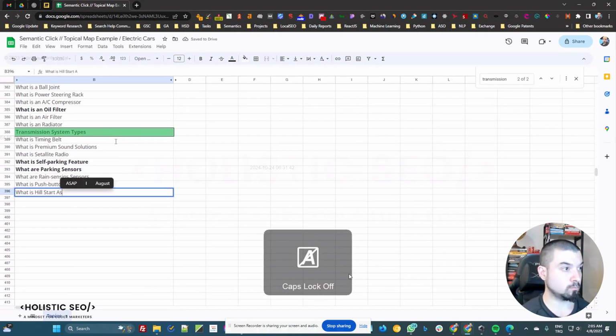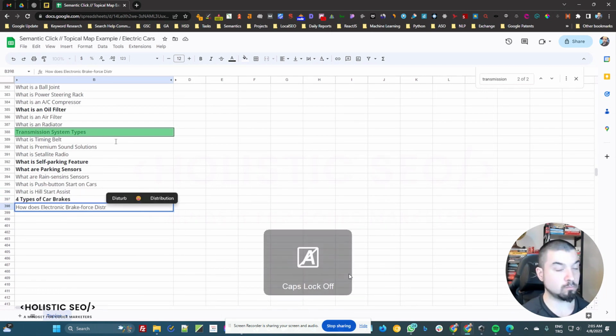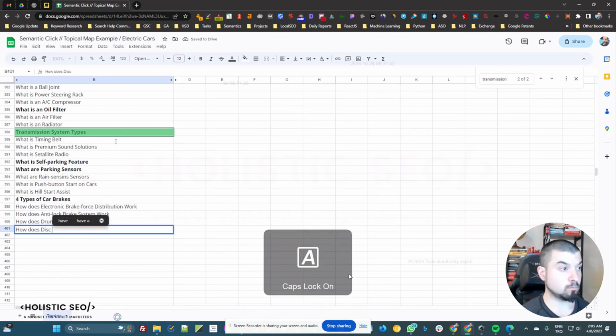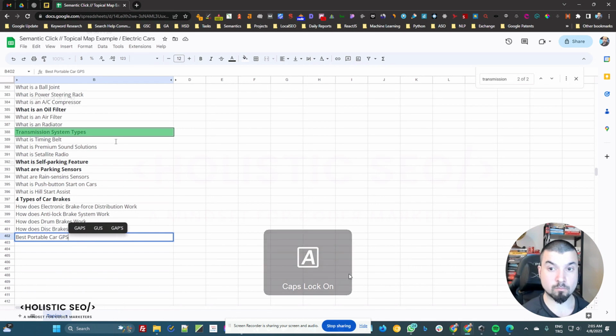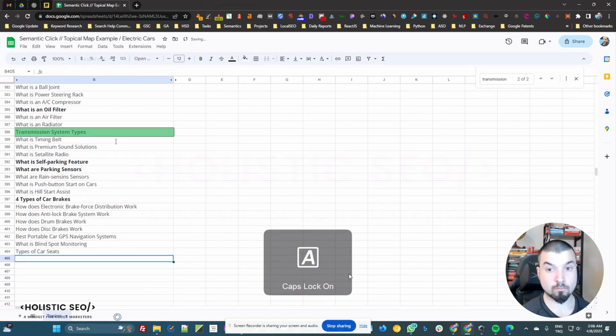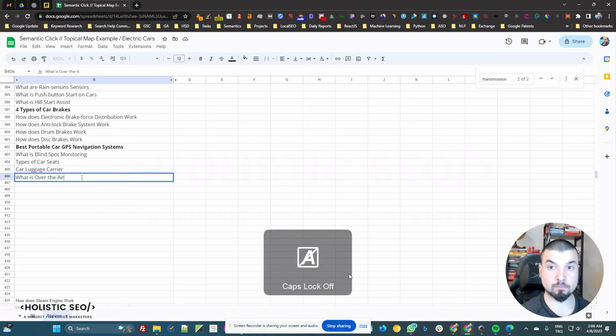Then even the stock market, let's say, for electric cars or electric car statistics, or even the meaning of highway capable, or electric vehicle range extender, electric car clubs, electric car association. We go for them. And right now we are just fixing the overall look of the specific topical map.